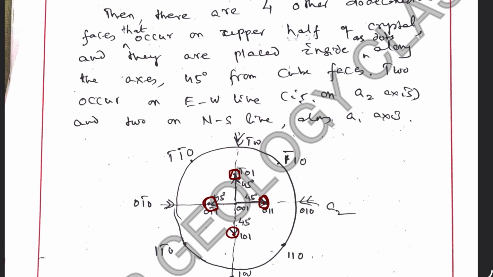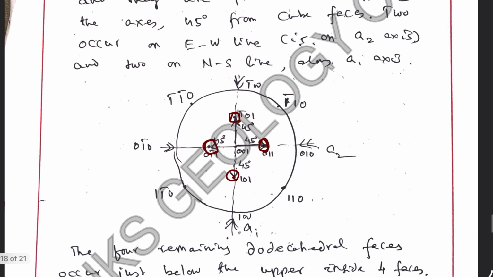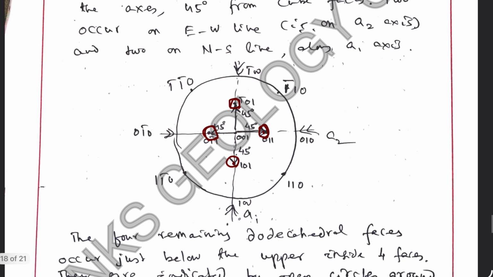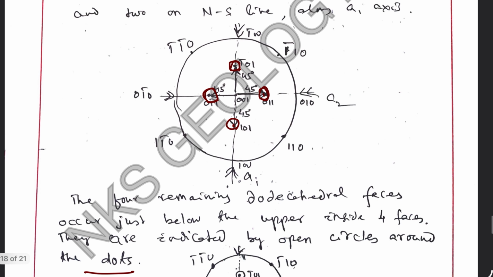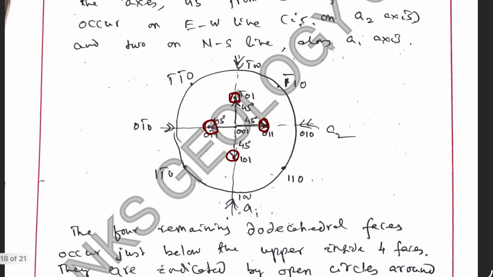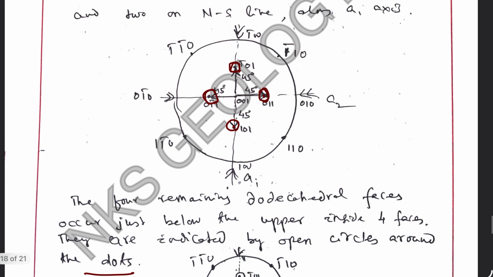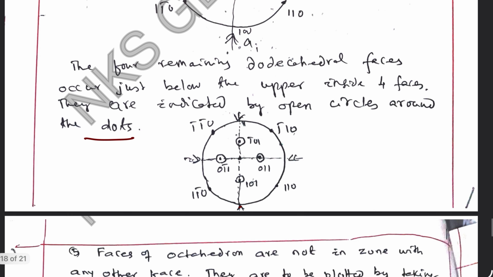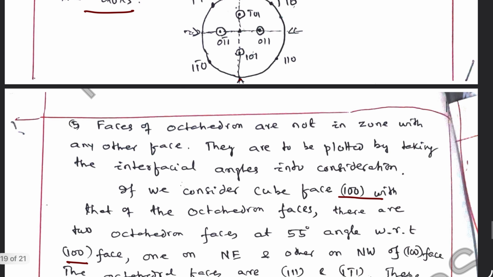They get superimposed over one another. That's why they occur there. So in this manner, all the 12 faces of the rhomb dodecahedron are transferred to the equatorial plane, or to the stereographic projection plane. Now we have the cubic faces. Cubic faces make an angle of 55 degrees.